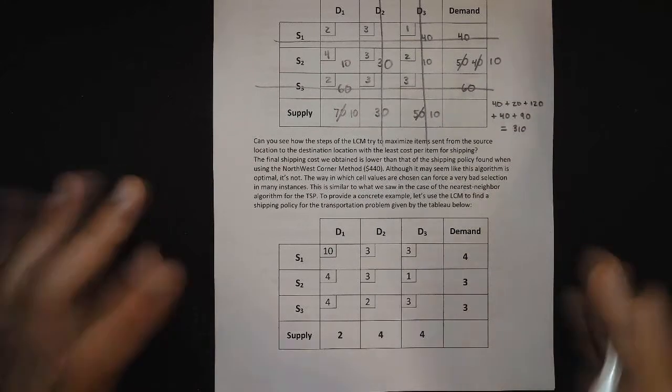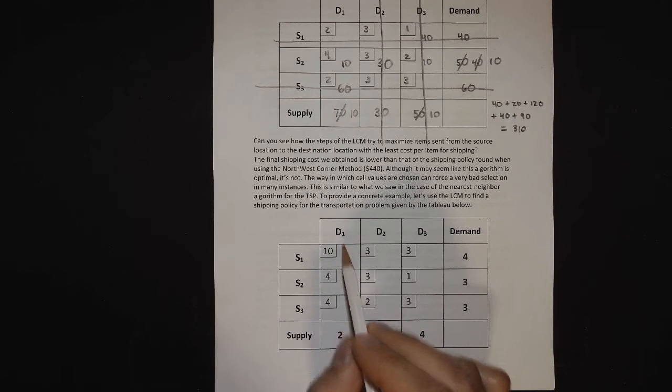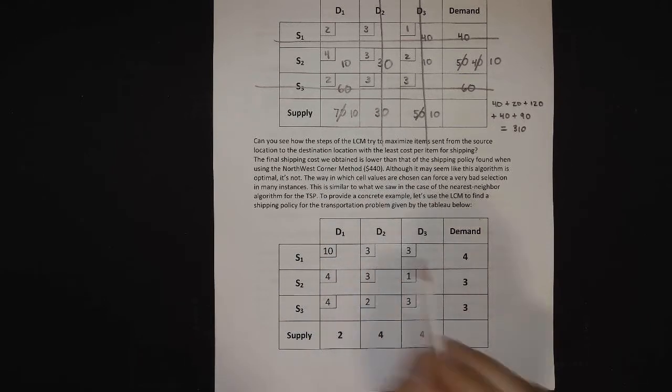Actually, before we do that, really quickly, it's kind of evident that we would want to send as few of the product as possible from Distribution Center 1 to Store 1, because that cost is astronomical in comparison to all other shipping costs.